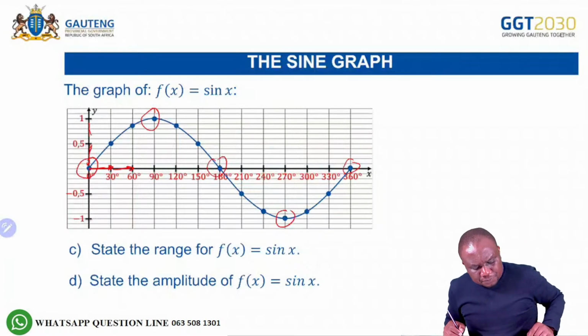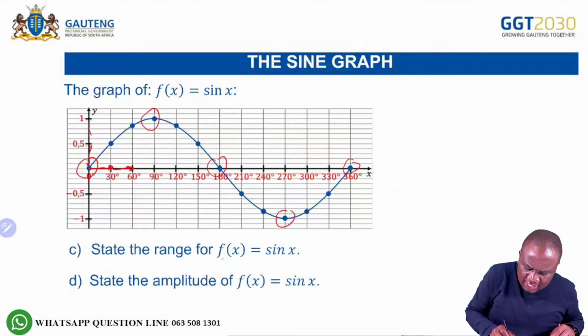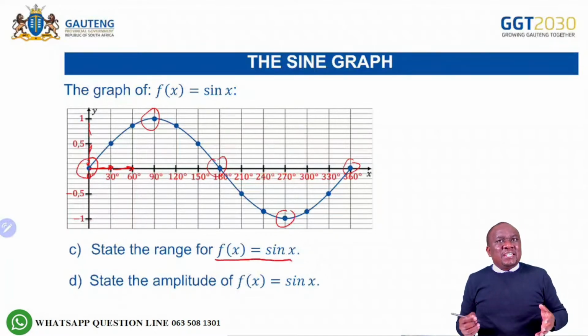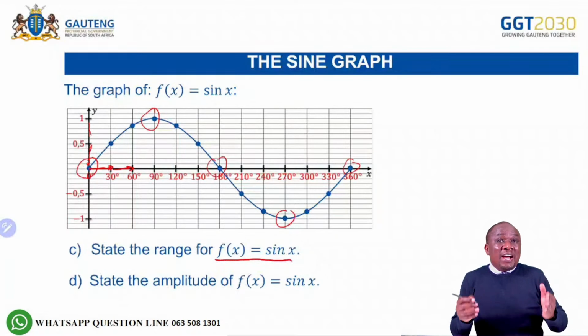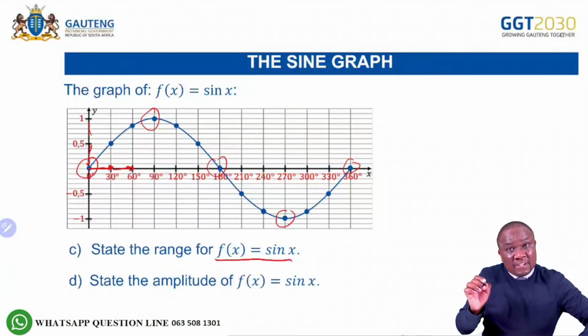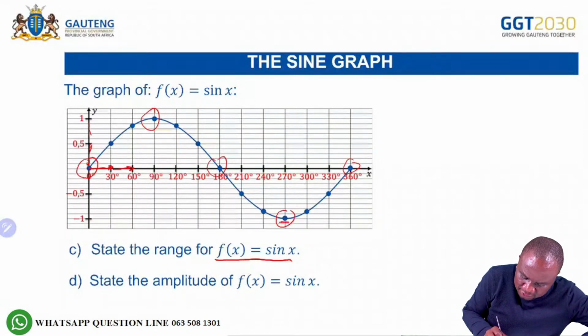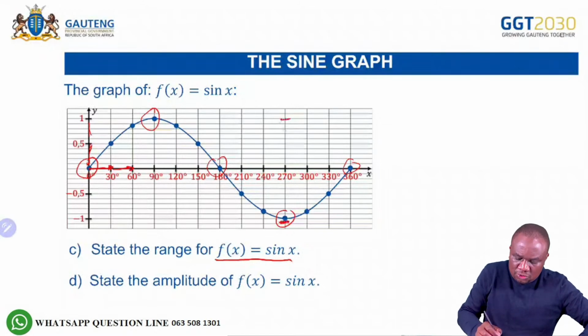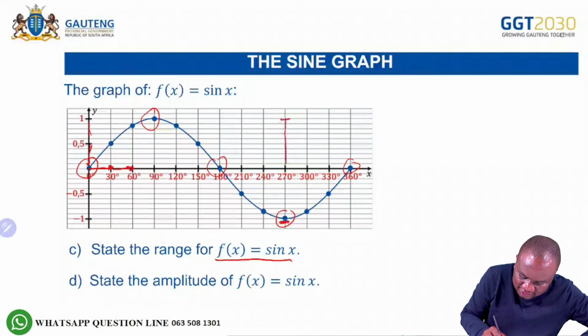Right, the range. F of x is equal to sine x. What is the range? The range are the y values. We said that the minimum value is -1, and the maximum value is 1. So the y values are from -1 to 1.